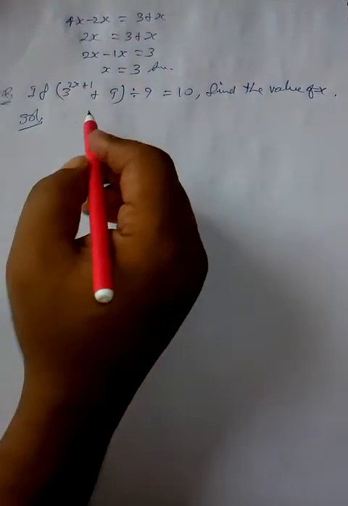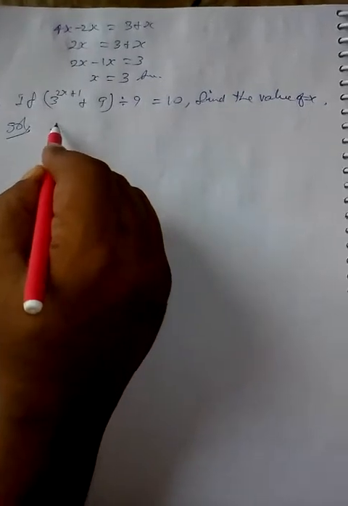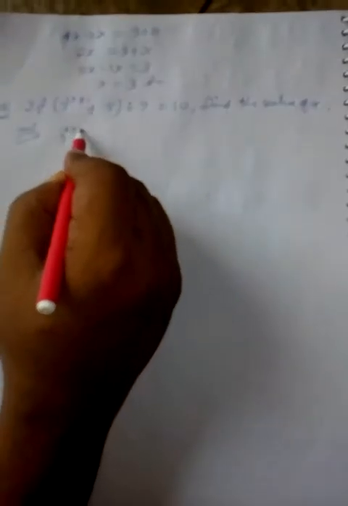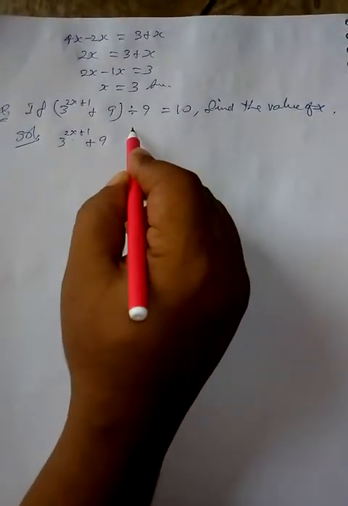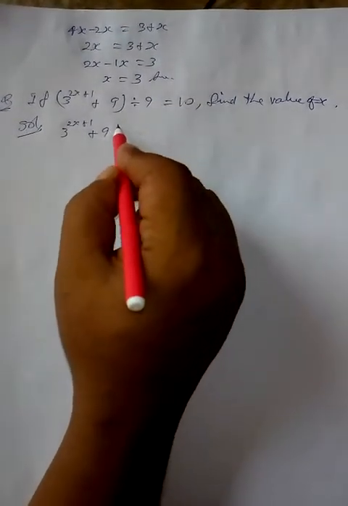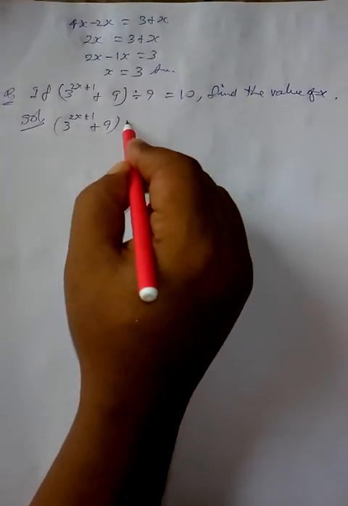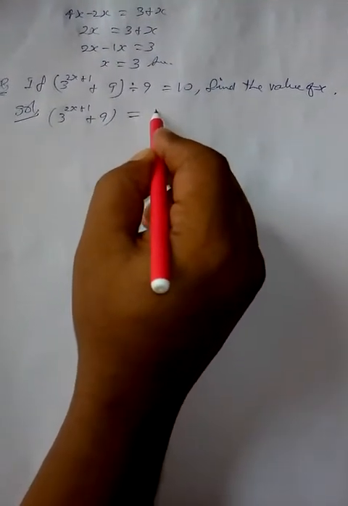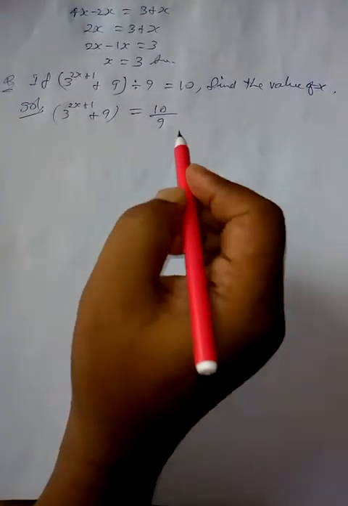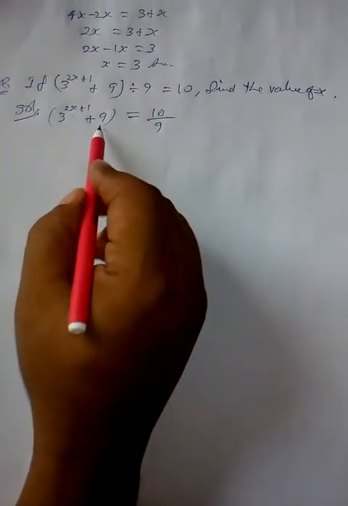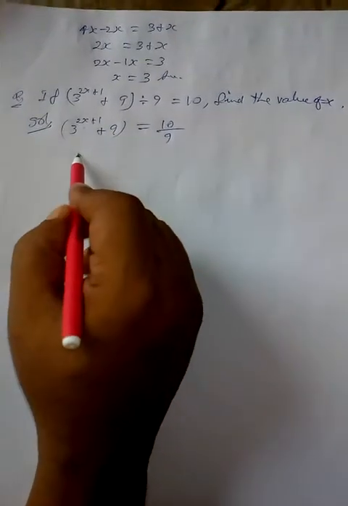Let's see the solution. First we will transpose this divide to the other side so that you get it in this way. Now transpose this to other side.